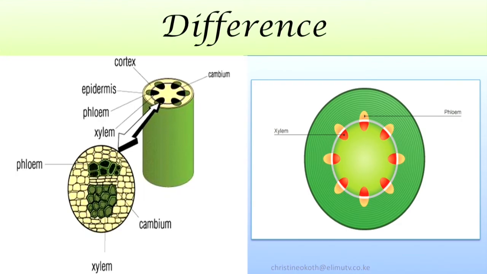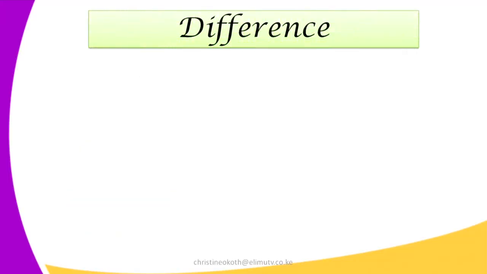We have the cortex. After the cortex, immediately you find the structure we call the phloem, which is responsible for the transport of the organic material. Then after the phloem, that is where you find the xylem vessel, the one which is responsible for the uptake of water. So that is the difference between phloem and xylem in terms of their structure.